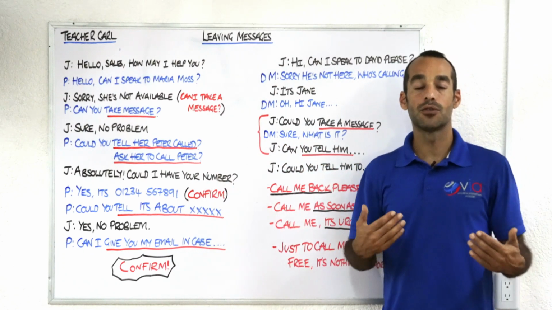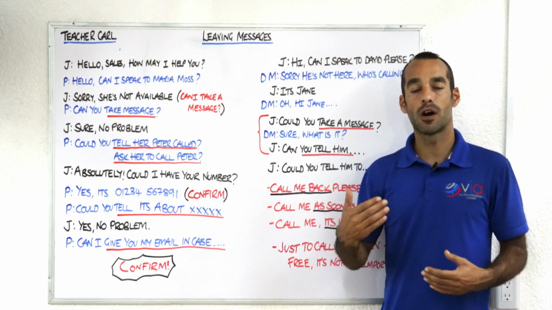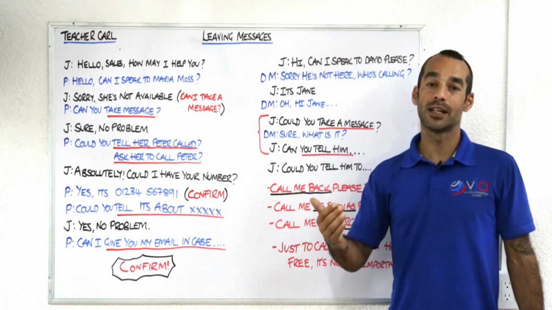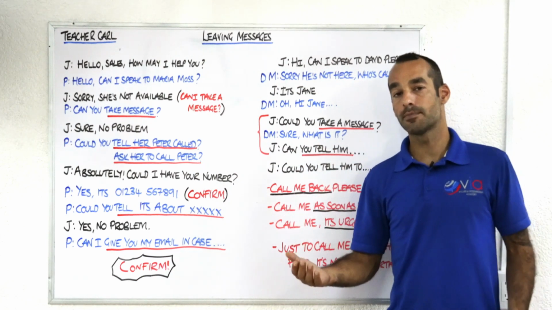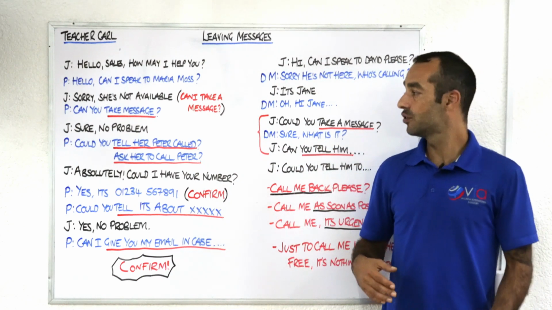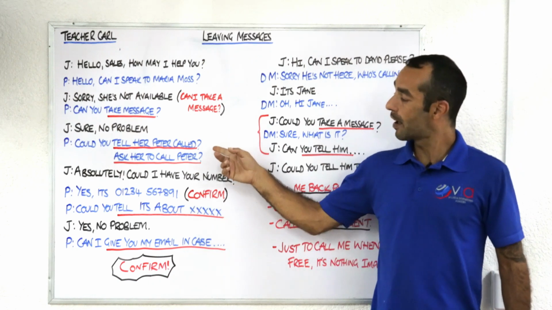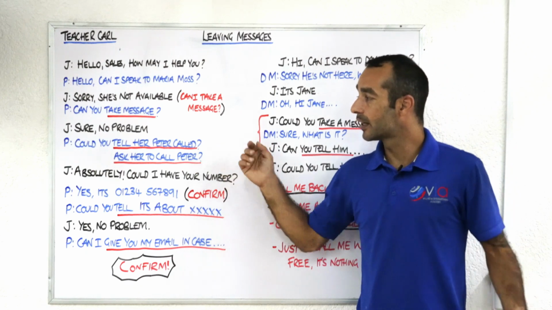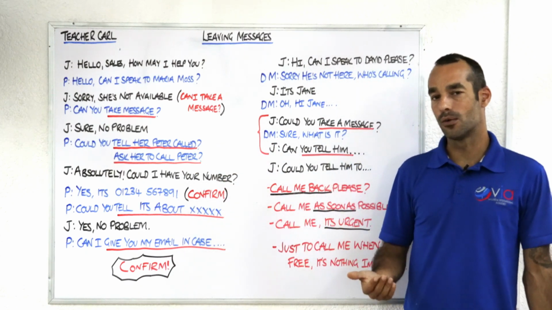Then we need to get on to what the message is that we're trying to convey to the receiver. Depending on the relationship, how well you know this person, whether it's a professional environment, is going to depend on what question you use. So you may say something like, could you tell her Peter called?